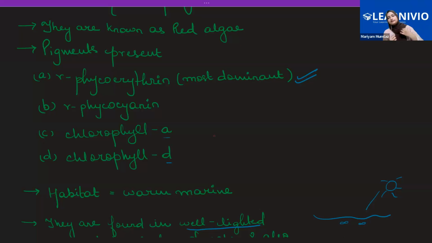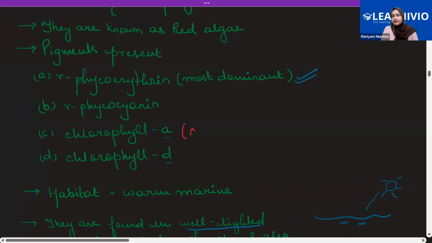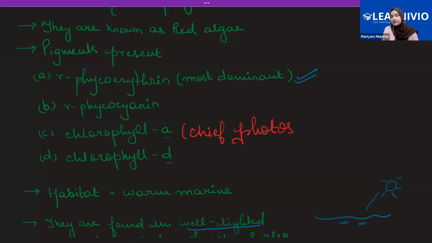Maybe because they're aquatic? No. The reason it's common is that chlorophyll A is the chief photosynthetic pigment. No other pigment is the main one. This is the main photosynthetic pigment.